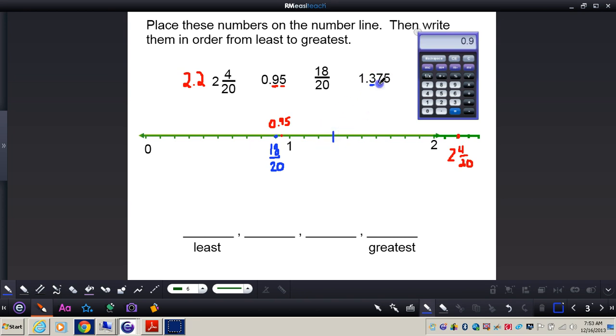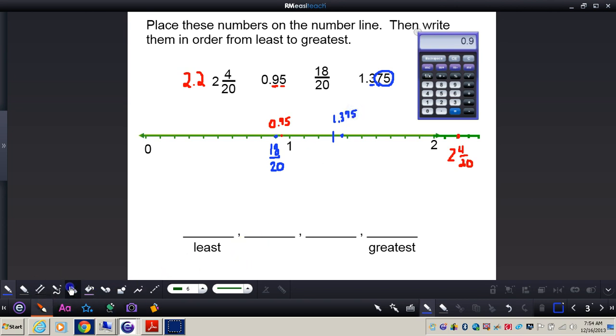Then I can see that 75 hundredths, in other words, 75, think about it with money. 75 cents is actually 3/4 of a dollar. So that means it's going to be 3/4 of the way down between my 3/10 and my 4/10. So I'm going to put our point just right about here, about 3/4 of the way down. So 1 and 375 thousandths.